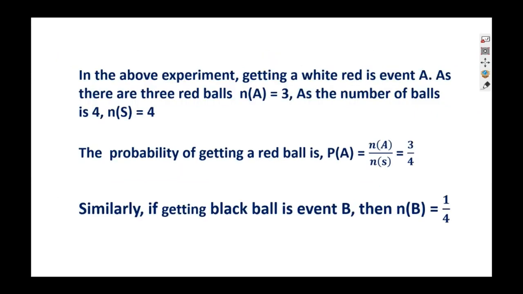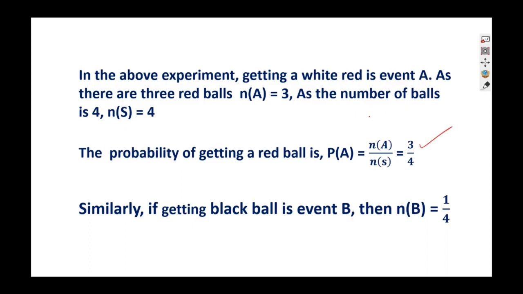This case was about red balls and a black ball. The probability of getting a red ball according to this formula, number of sample points upon number of sample points in the sample space, we have to write as 3 upon 4. What is 3 over here?